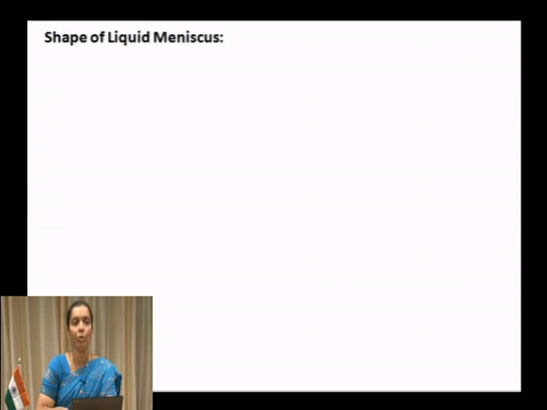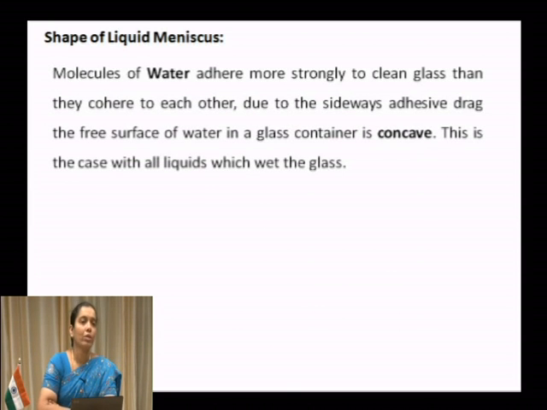Next, shape of liquid meniscus. Molecules of water adhere more strongly to clean glass than they cohere to each other. Due to the sideways adhesive drag, the free surface of water in a glass container is concave. This is the case with all liquids which wet the glass.